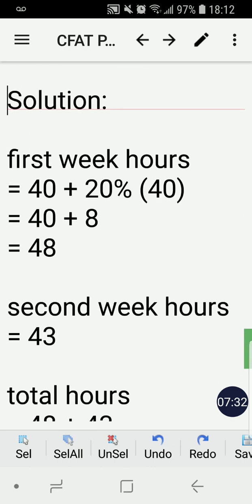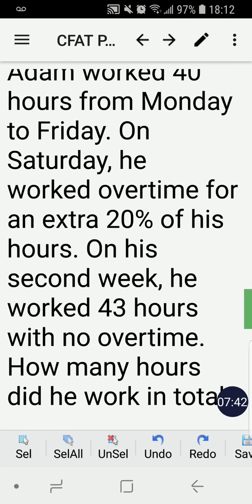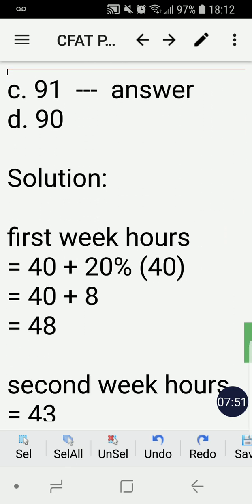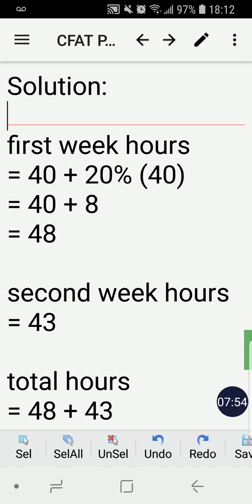Solution. So we need to solve for Adam's hours on the first week. We were given 40 hours plus an overtime of 20% of his hours on the first week. So first week hours is equal to 40 plus 20% times 40. 20% of 40 is equal to 8.